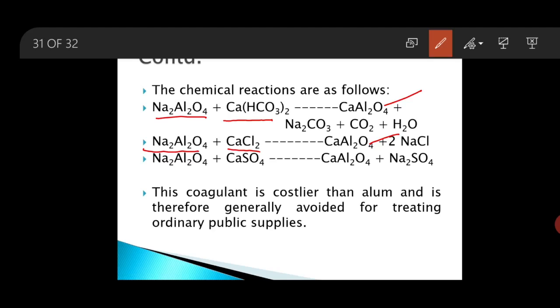Sodium aluminate is costlier than alum and is therefore generally avoided for treating ordinary public supplies. But it is very useful for treating water which does not have the natural desired alkalinity and thus cannot be treated with pure alum.